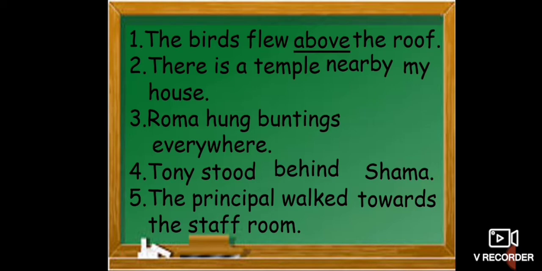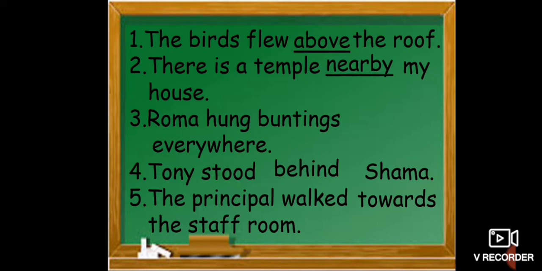There is a temple nearby my house. Now, which is the verb here? Is. Remember that. Now, you don't look only for words like talking, walking, and all. Is also a verb. It's a helping verb. There is a temple. So, is means it is there. So, ask the question to that verb. Where is?